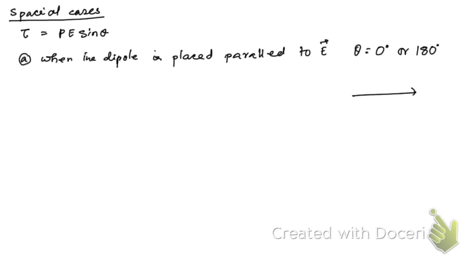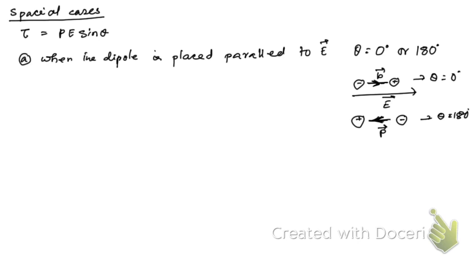Suppose this is the direction of electric field, and the dipole is placed in this way. Then the dipole moment will be in this direction. So in this case, theta is 0, or if you place it in this way, then the direction of the dipole moment is opposite to the electric field. So then theta is 180. In this case theta is 180, and in this case theta is equal to 0 degree, right?